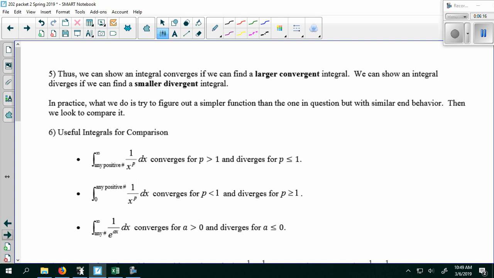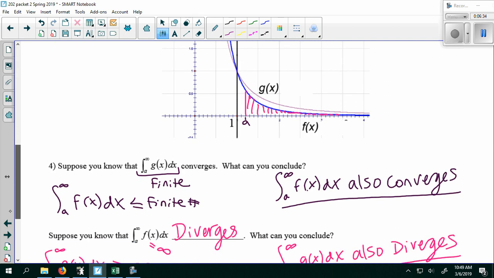Yes. Would we be able to say something about the area between f of x and g of x, like that little sliver? Good question. Okay, so the question is about this little sliver between f and g. If you know g converges, then that sliver definitely is going to be finite.